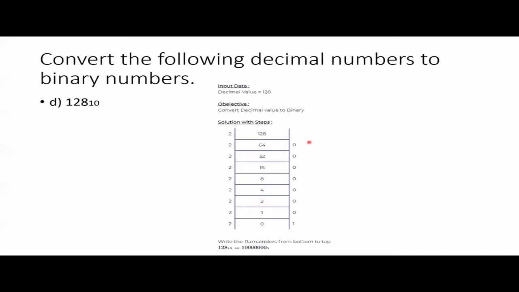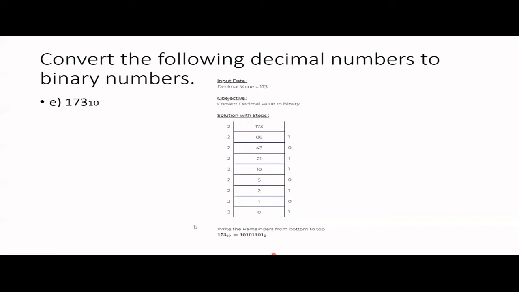If you know the place values, for example, 2 to the power 2 is 4, 2 to the power 3 is 8, 2 to the power 4 is 16, 2 to the power 5 is 32, 2 to the power 6 is 64, 2 to the power 7 is 128. So if you know this, you can directly write: only in the 7th place you are getting a 1. The rest are 0. Hope you understood.